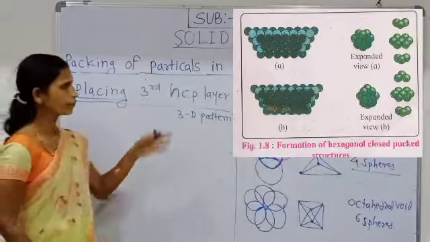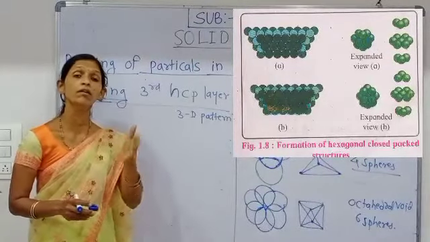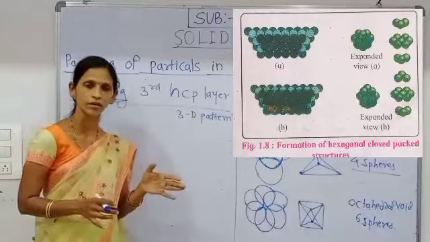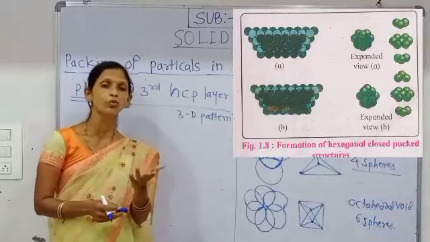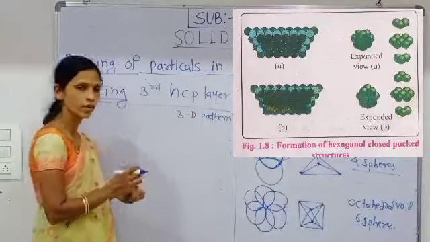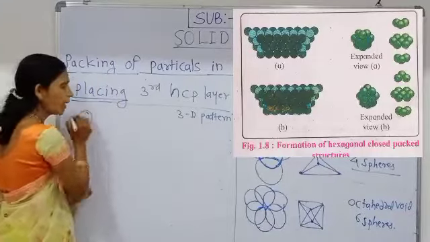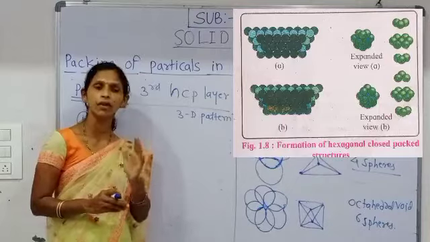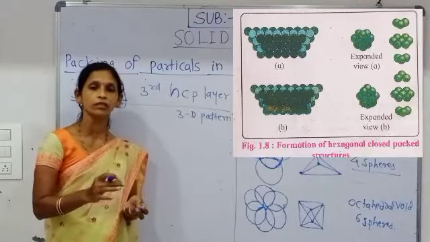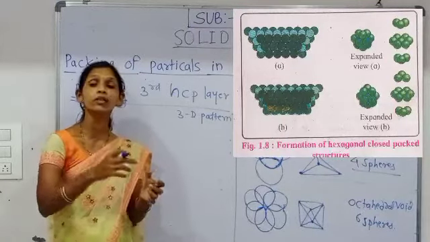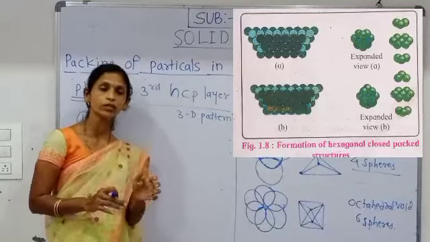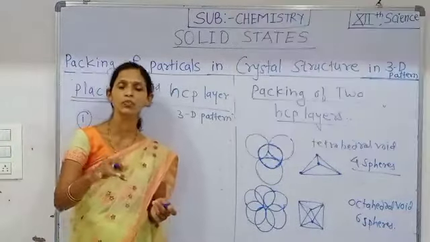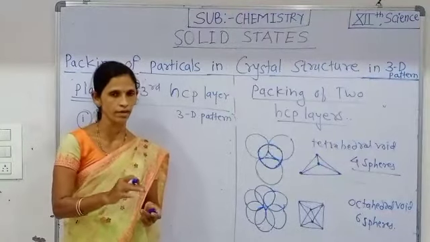Then see here, the spheres in the third layer are placed in 2 ways. The first way is placing the spheres in the third layer with alignment of those spheres with the spheres of the first layer.